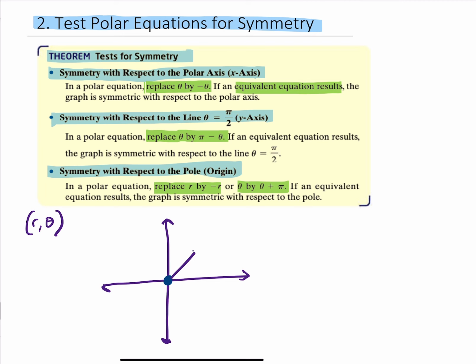Because if you have some angle here and you add 180 degrees, you would be across the pole or across the origin. So if you get the same equation, then we would have symmetry there. So let's see some examples, and this will make hopefully a little more sense.